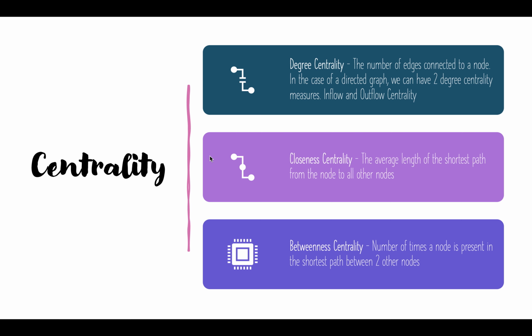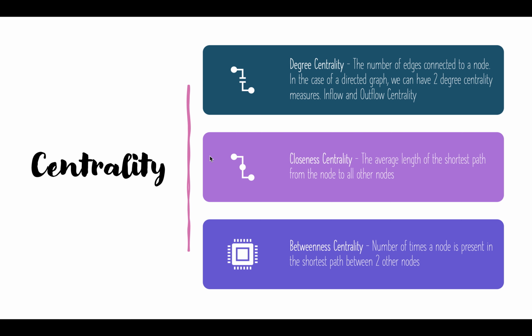Basically, what I mean by that is, if we have an undirected graph, the higher the number of edges going out of a node, the higher the centrality. If we go back to the example of influencers, the higher the centrality measure, the more influential that person is.